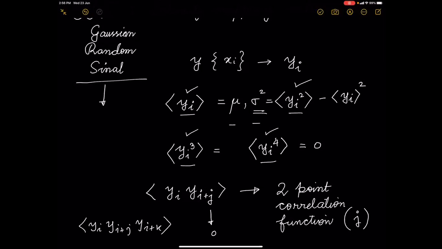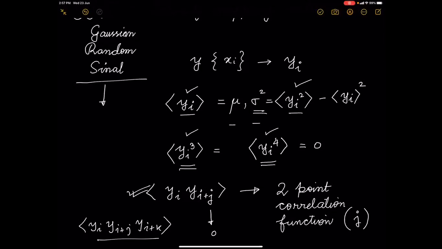A Gaussian random signal is one for which any point correlation, when the number of points is more than 2, is 0. So it can have a 2-point correlation, but any correlation which has more than 2 y's is 0. So this will be 0, this will be 0, this will be 0.